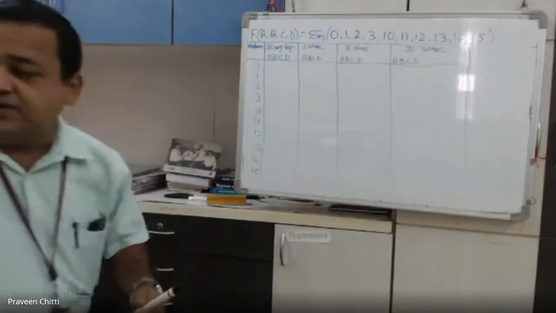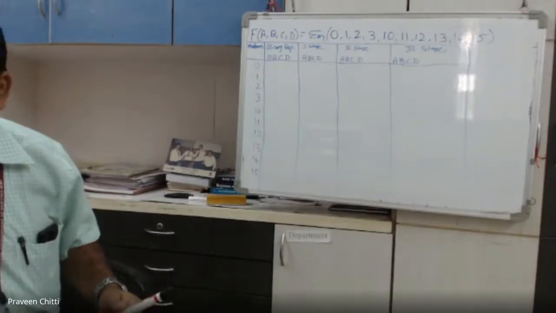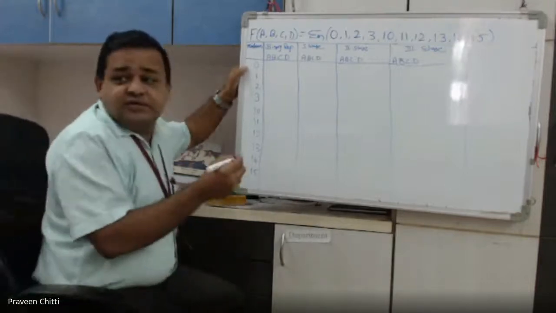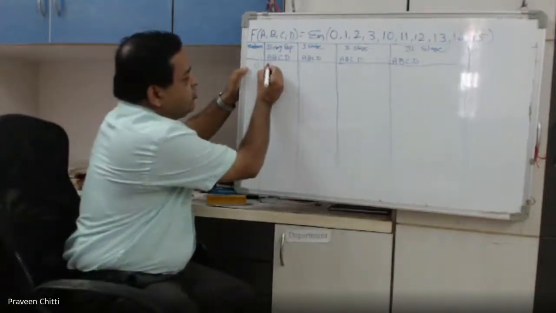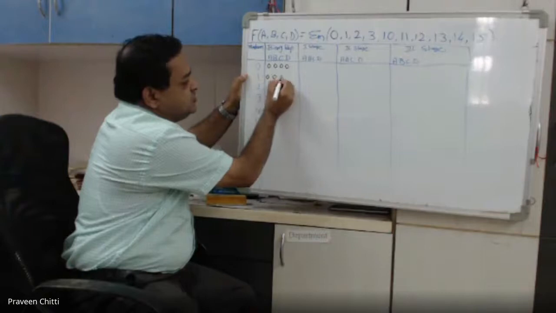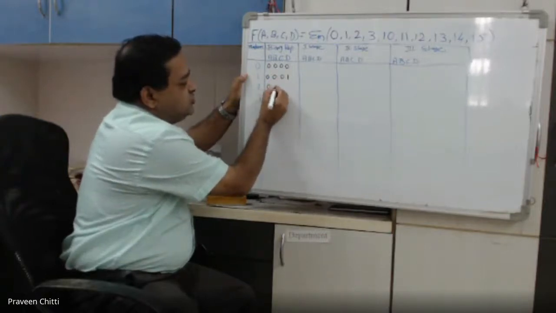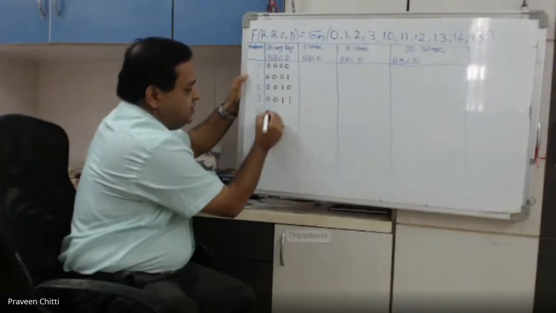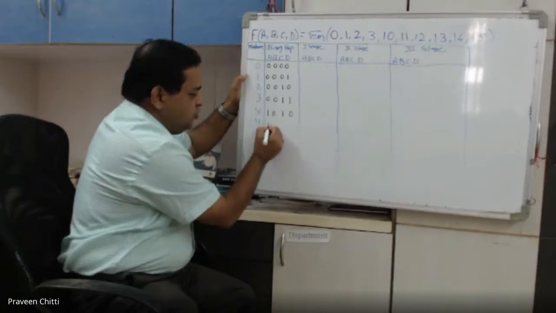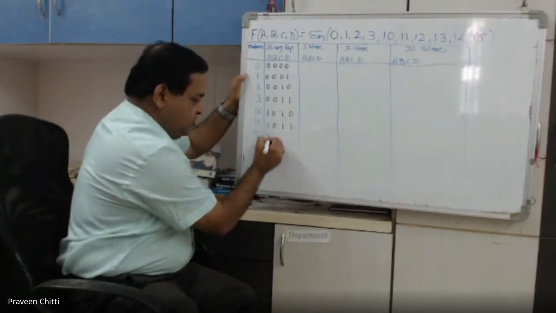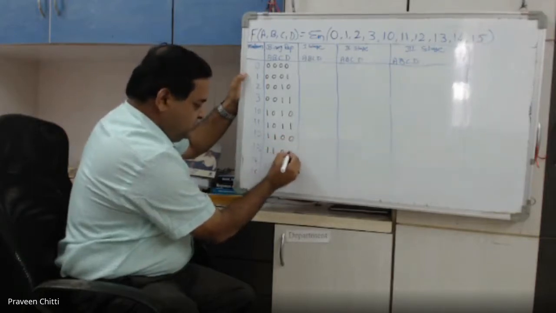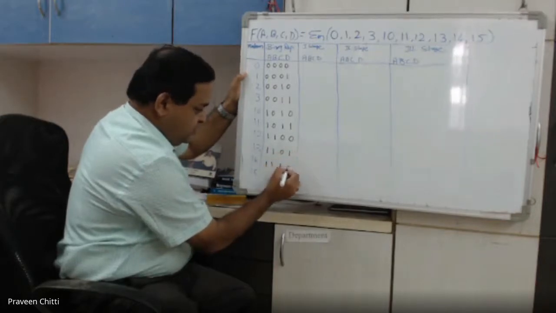You can help me, tell me how I should write 0. 0 should be written as 0, 0, 0, 0. 1 as 0, 0, 0, 1. 2 as 0, 0, 1, 0. 3 as 0, 0, 1, 1. 10 as 1, 0, 1, 0. 11 as 1, 0, 1, 1. 12 as 1, 1, 0, 0. 13 as 1, 1, 0, 1. 14 as 1, 1, 1, 0.